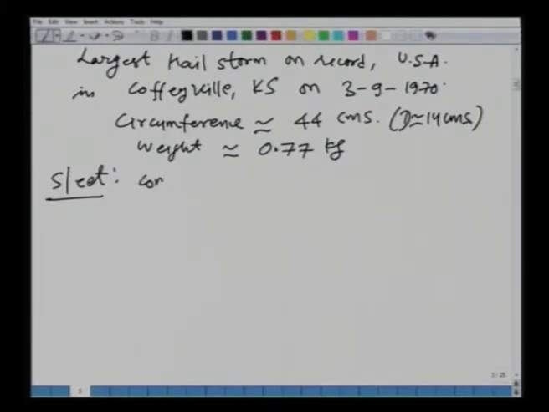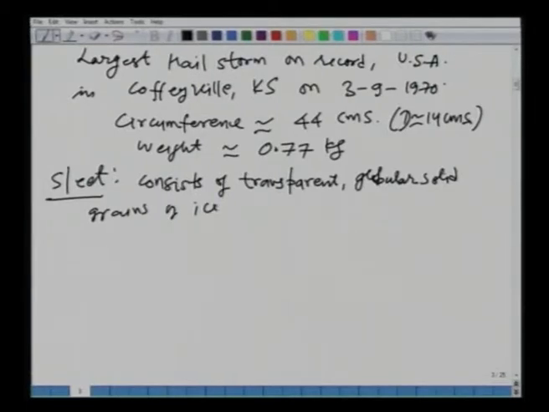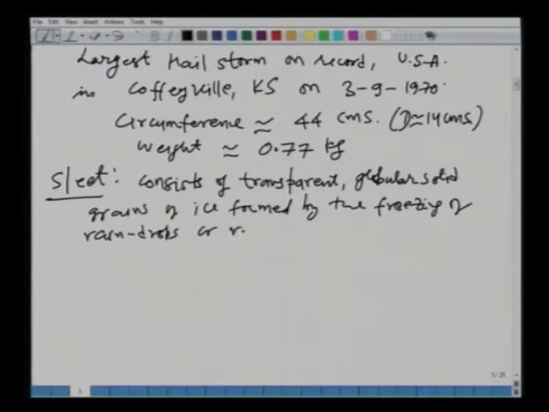The sleet consists of transparent, globular, solid grains of ice formed by the freezing of raindrops or refreezing of largely melted ice crystals.